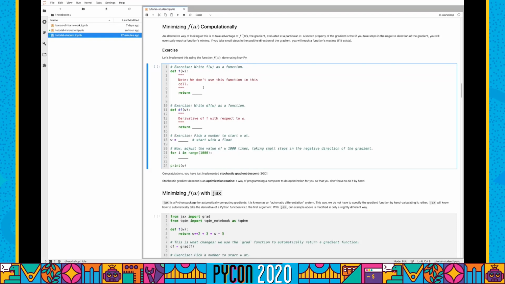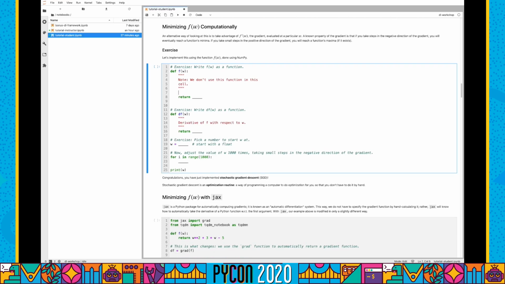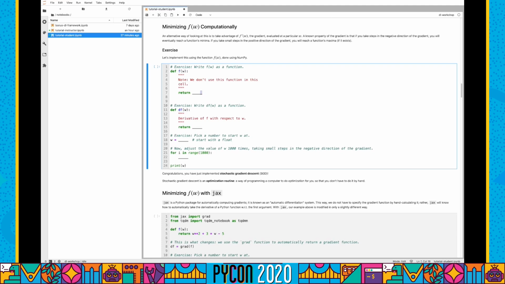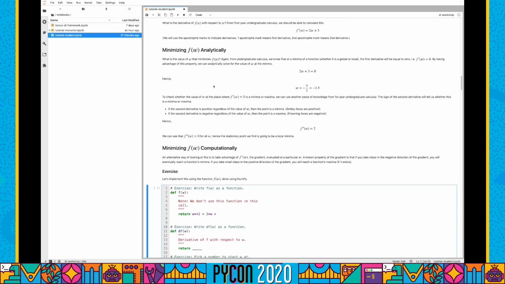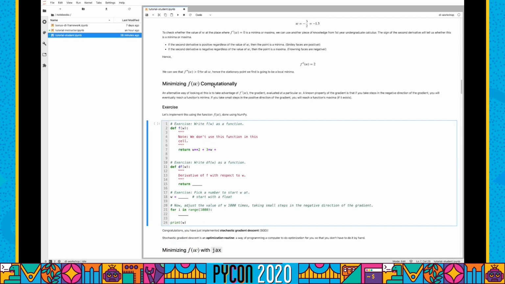Let's get started by first implementing that function that we've been using, that w squared function, as a Python function. So we'll do this, return w to the power of 2 plus 3w minus 5.